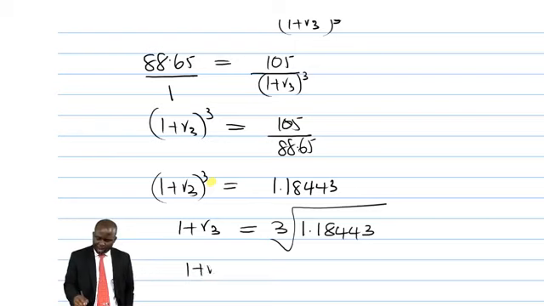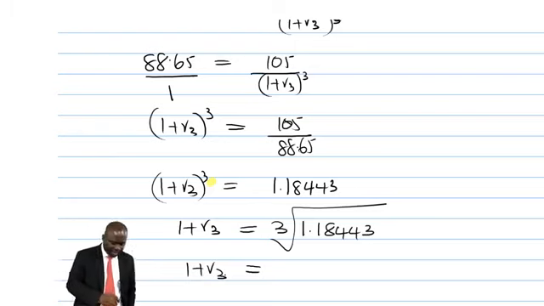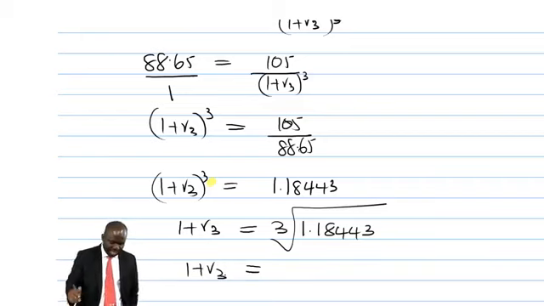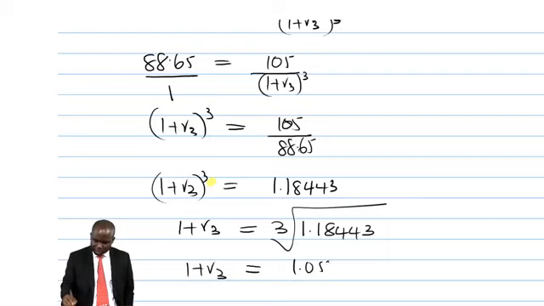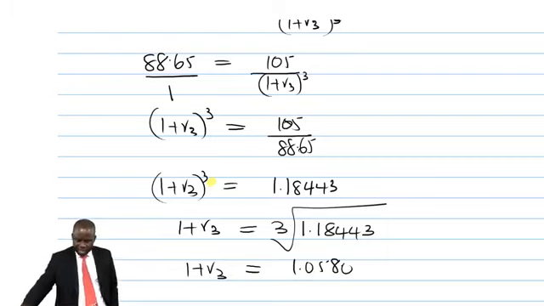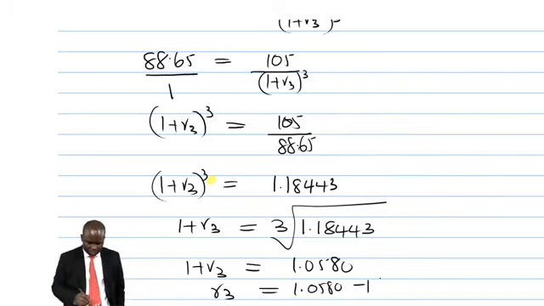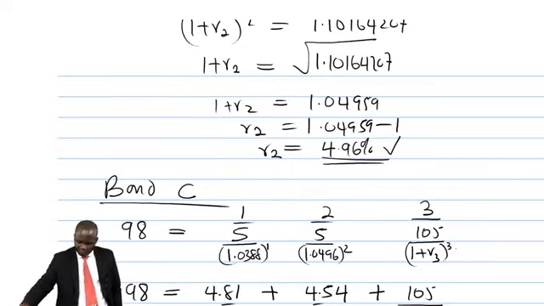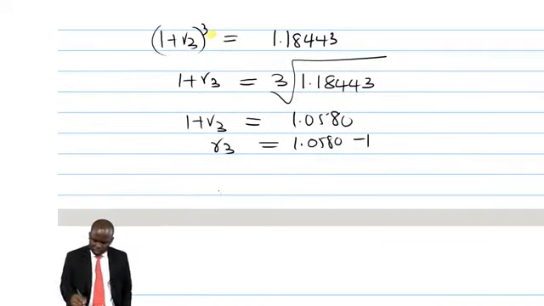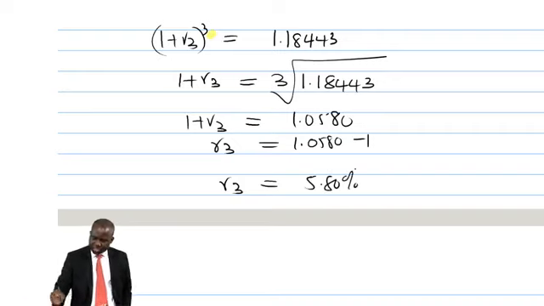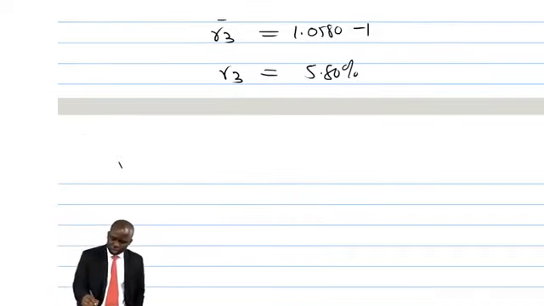So that is raised to the power 1 divided by 3, and that is giving 1.0580. So what is R3? It is simply going to be 1.0580 minus 1, and that gives R3 as 5.80%.